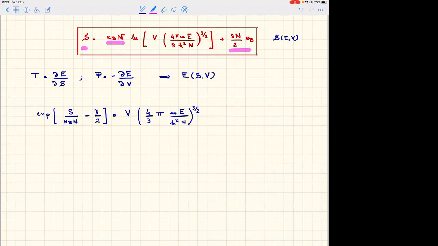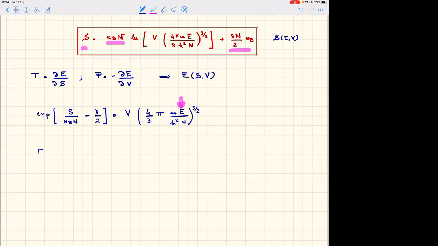And therefore, you see that if I now take both sides of this to the power 2/3, I'm able to solve this equation for E and re-express E in terms of the entropy, the volume and the number of particles.